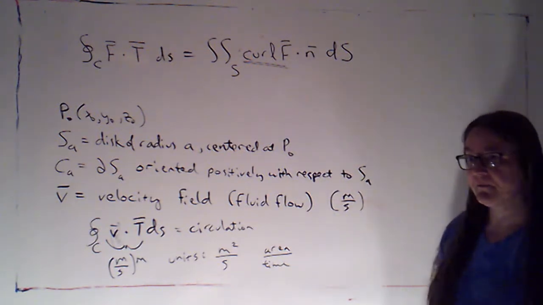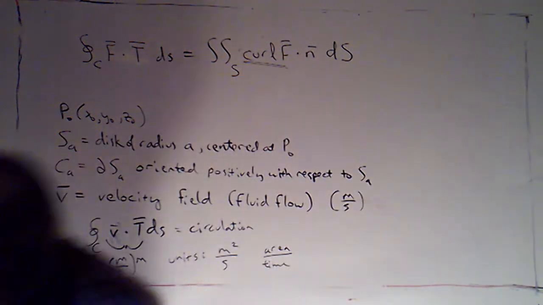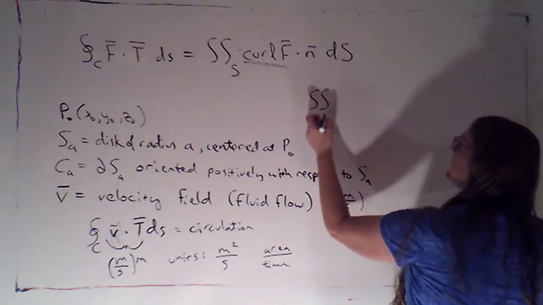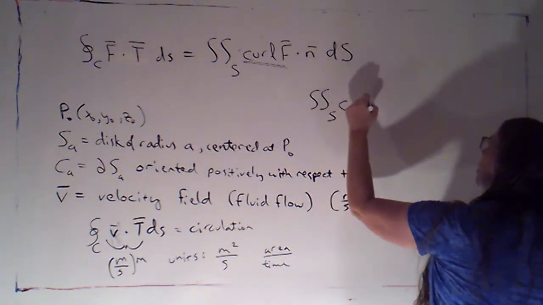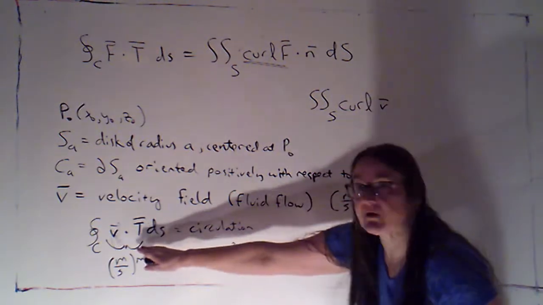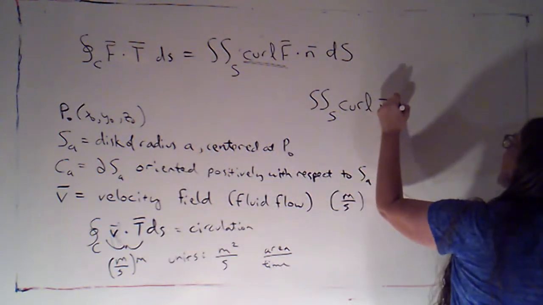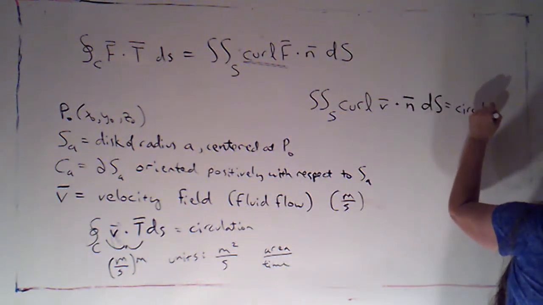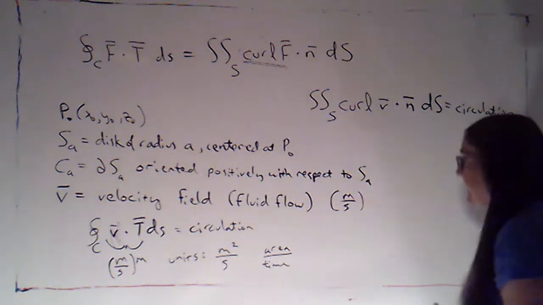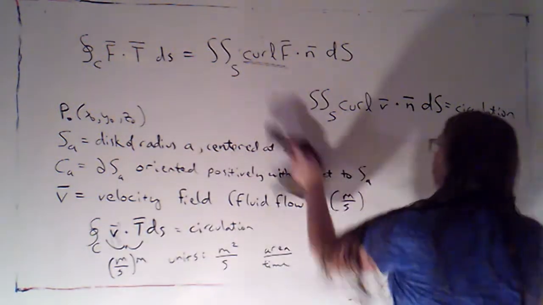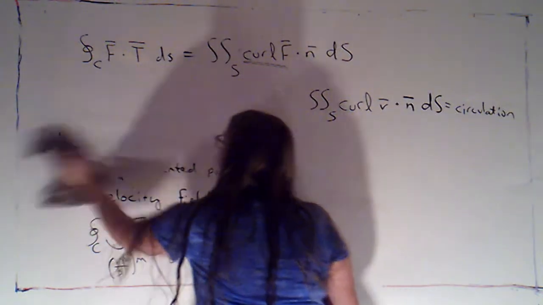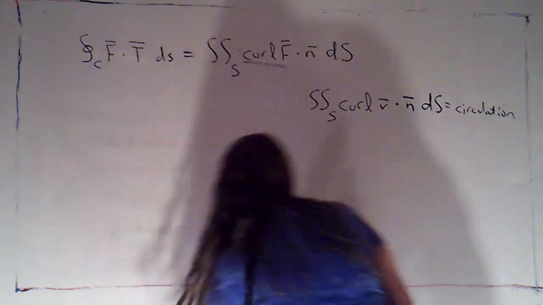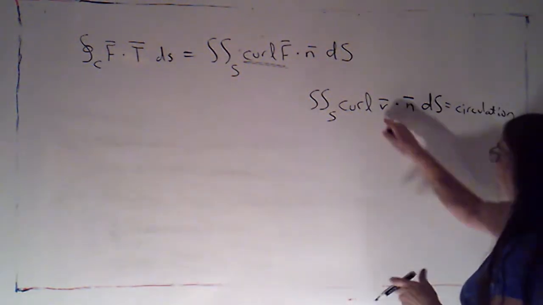Okay. So if I now take a look at this, the double integral over S of curl of, I'm going to write it as V now, because again I'm thinking velocity, dotted with n dS, is equal to the circulation. I can then look at what it means that curl of f dotted with n actually means, or curl of V rather.